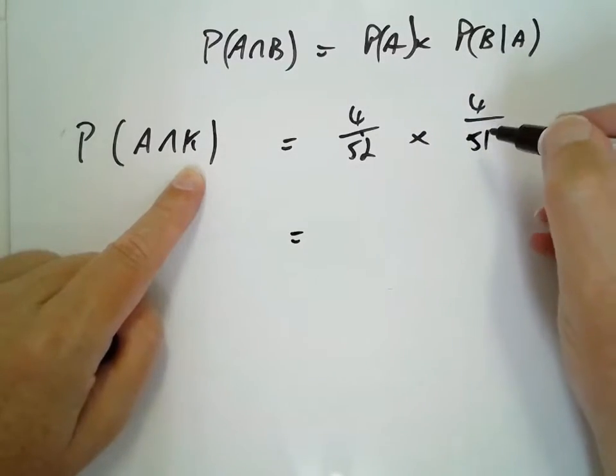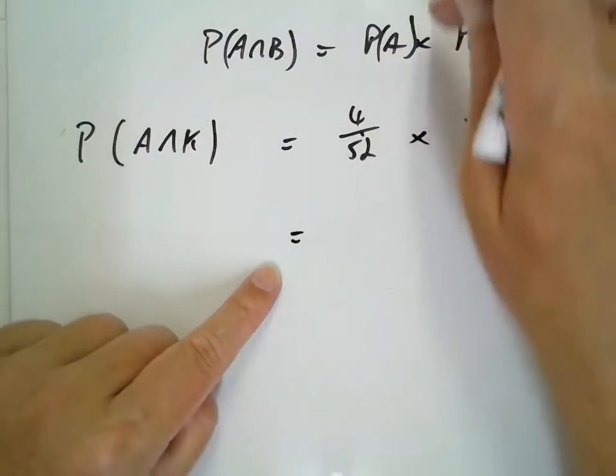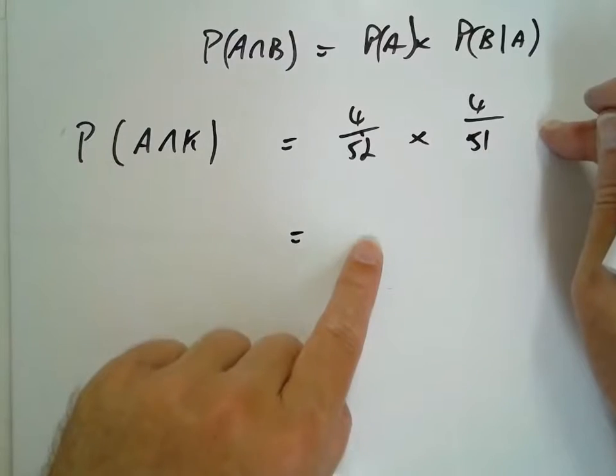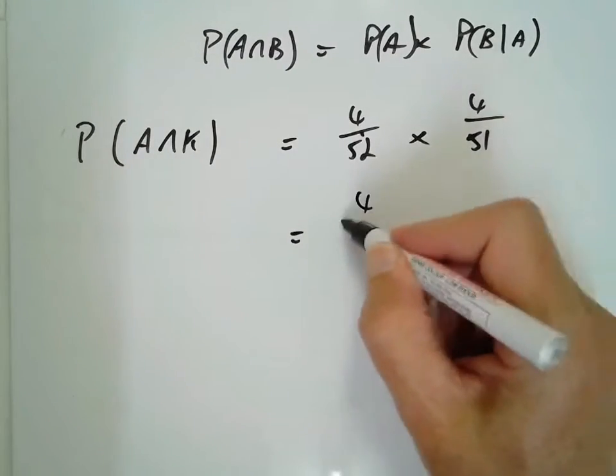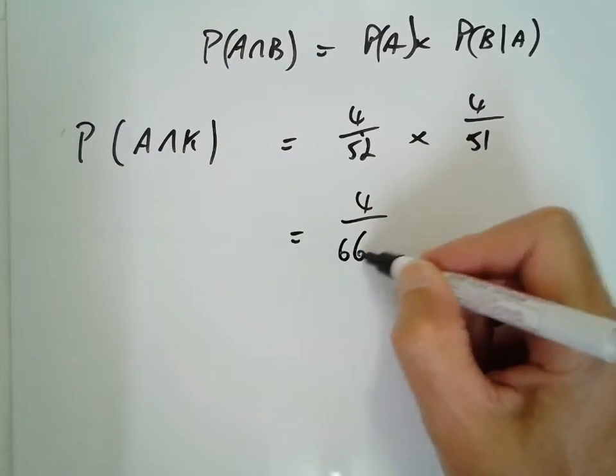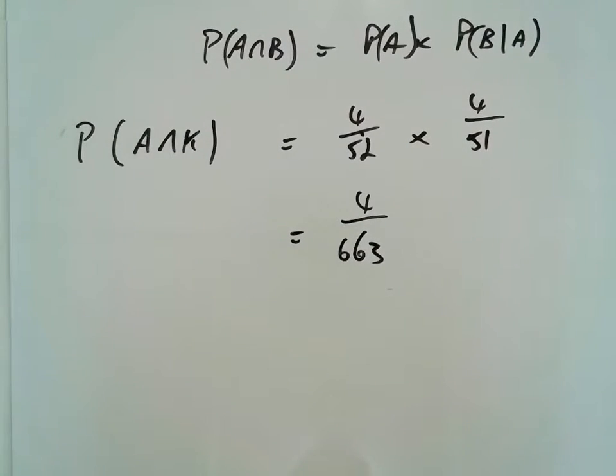It's 4 out of 51. And so you've written the rule, you've applied the rule, straight to the answer. Make sure you are looking for that conditional probability where you're not replacing the card.